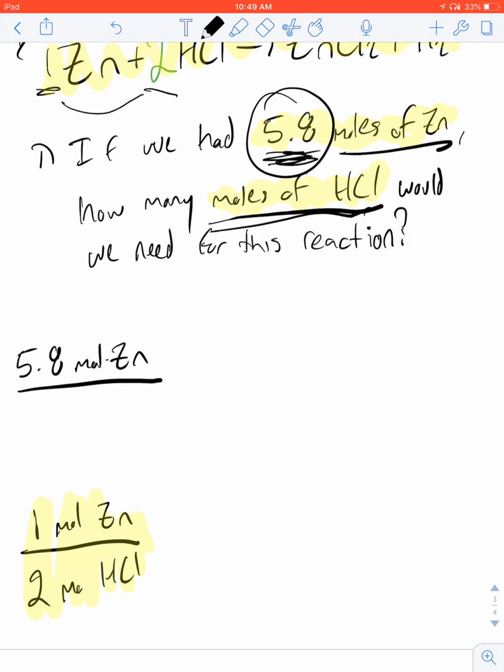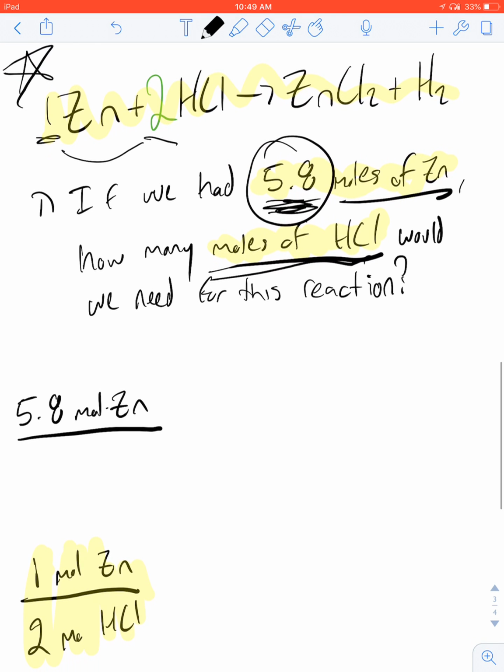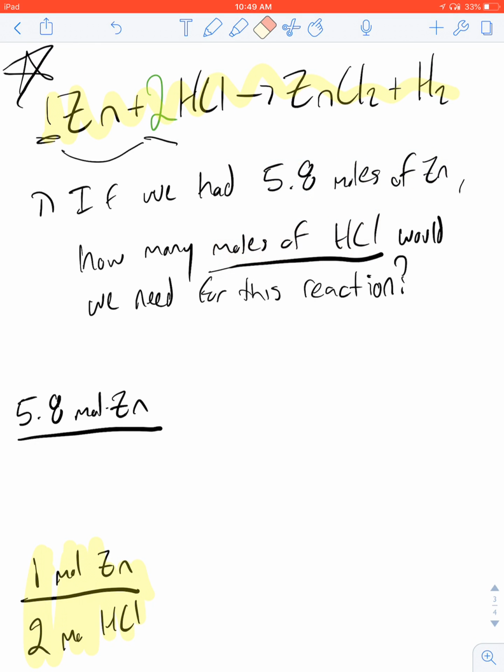Now, where do we need to get to? Good question. Well, if we treat this like a dimensional analysis problem, we need to first determine what units we're starting in, and what units we want to end up in. So if we look at the question, what units are we starting in? Well, based on the given information, you can see we're starting in units of moles of zinc.